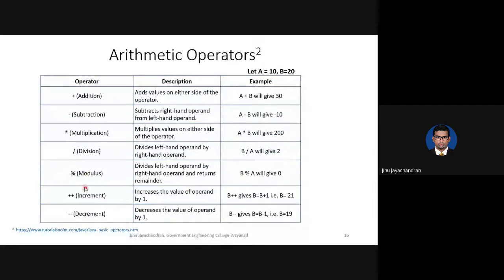Division, this one. And there is a modulus operator which will actually give you the remainder when you divide the operand by the operator. So here, when you say b percentage a, which is 20 percentage 10, the remainder when b is divided by 10 is what b percentage a is, which will give me 0.